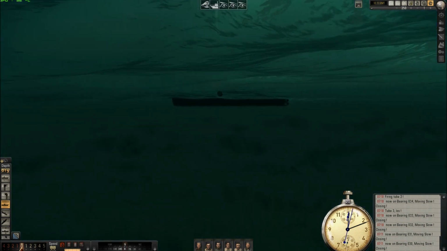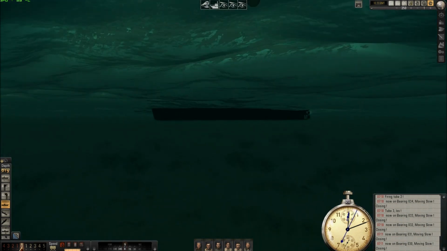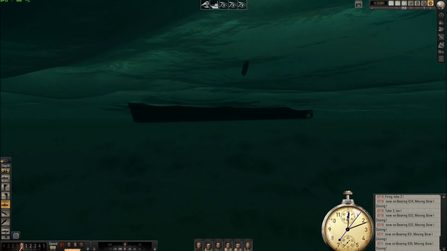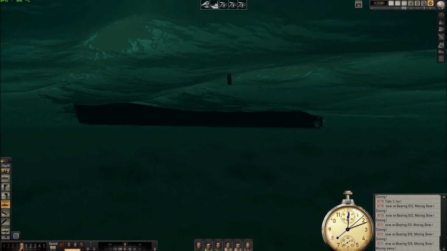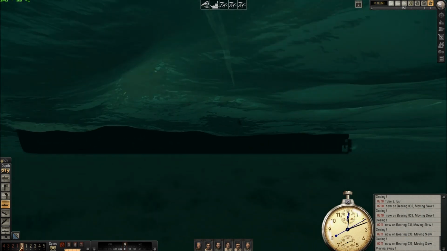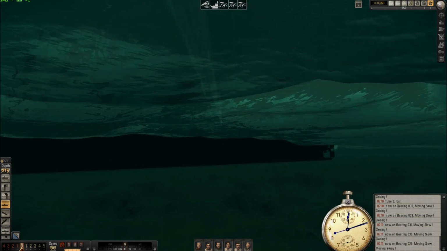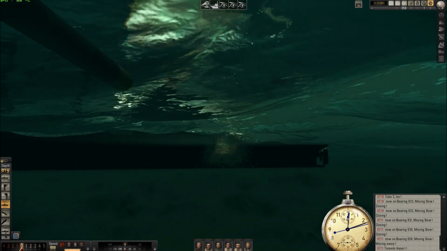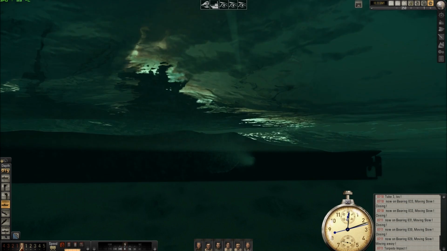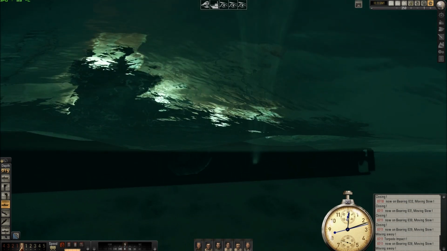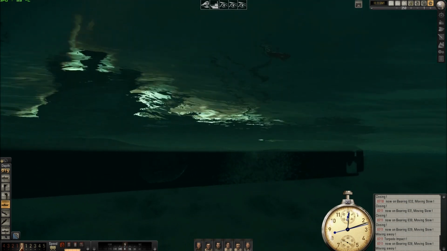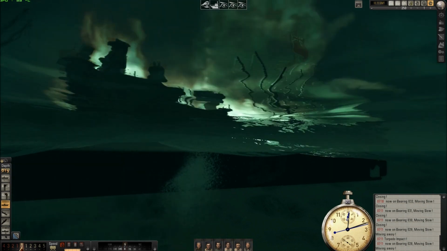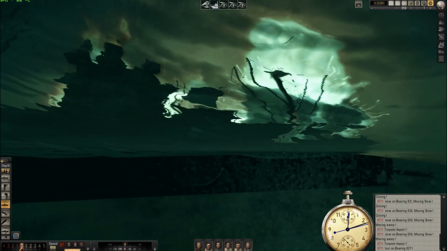So this one must have a magnetic impact at 2 meters, if I remember well. Yes. Torpedo hit. This one. The second one. 2.5 meter impact. And now the third one, torpedo hit.